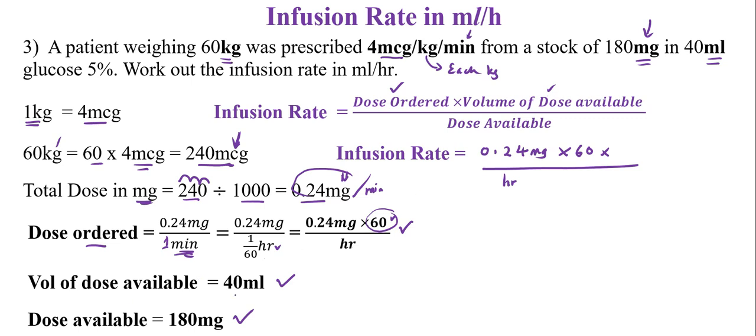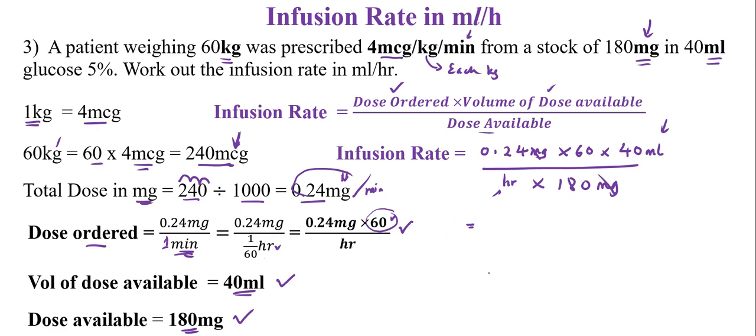So the dose available is here as 40 milliliters. Now all units must be in place. Then divided by the dose available. The dose available is 180 milligrams. The milligrams will cancel the milligrams. And we are left with milliliters per hour.